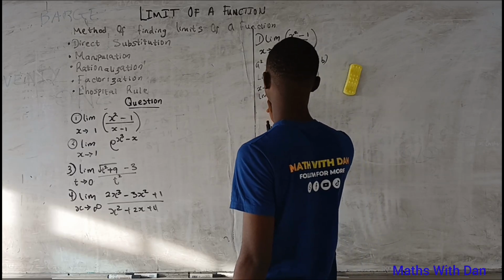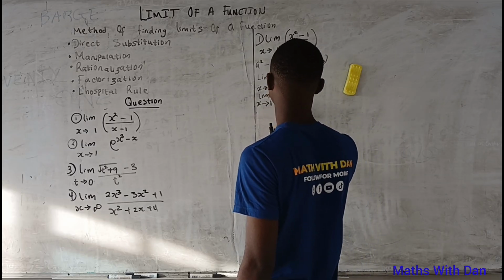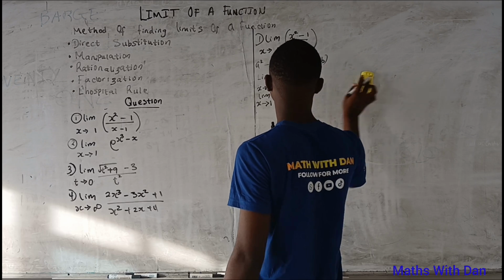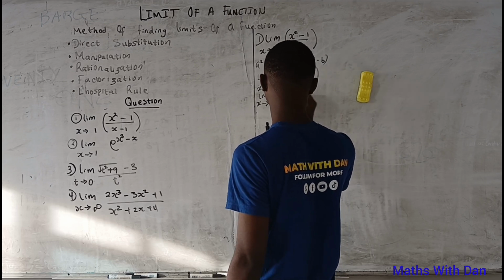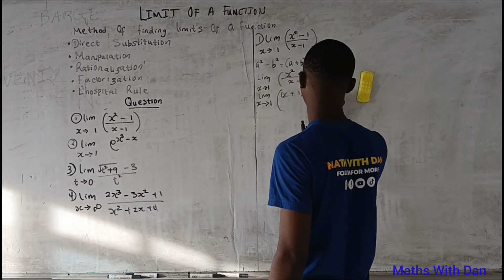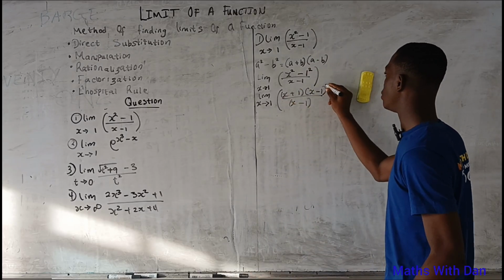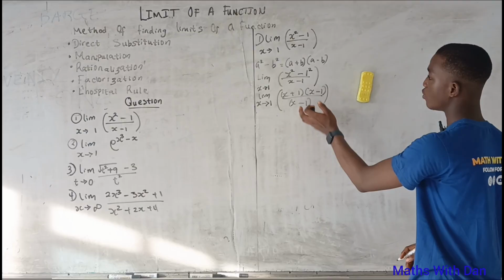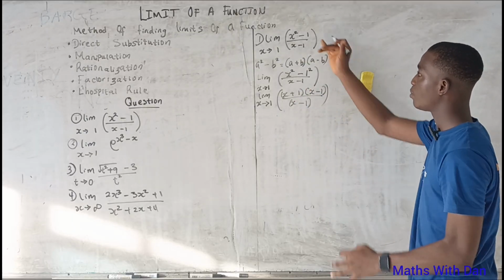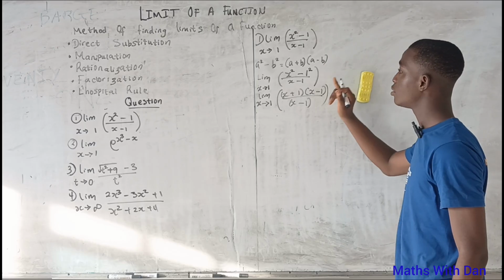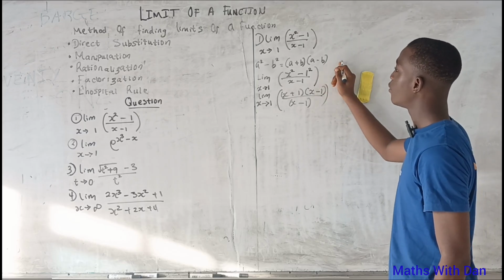So you have limit of x approaching 1 of x plus 1 times x minus 1 over x minus 1. Do you get? Because of this difference of two squares, you apply the identity from algebra.